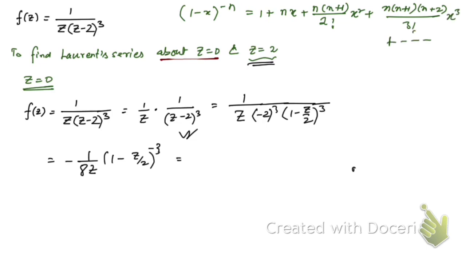If we use this expansion to expand this, here we're gonna take minus 3 as minus n and z by 2 as x, right?